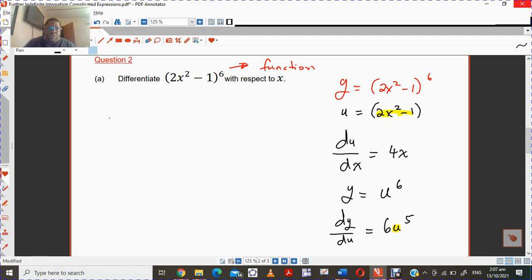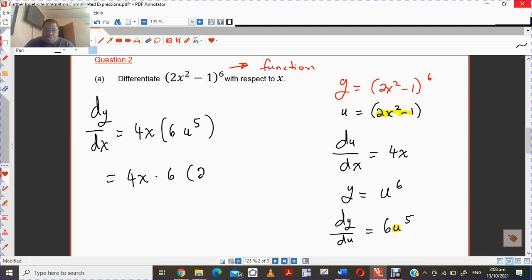So I'll go then straight to dy dx to find the derivative. It has to be the 4x multiplied by 6u raised to the power 5. So this basically becomes 4x times 6 times whatever our u is.